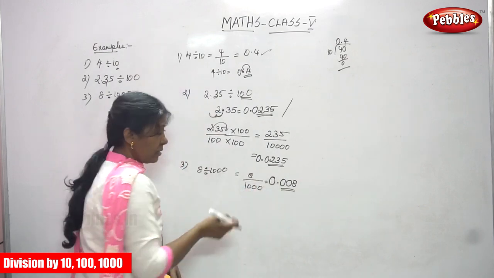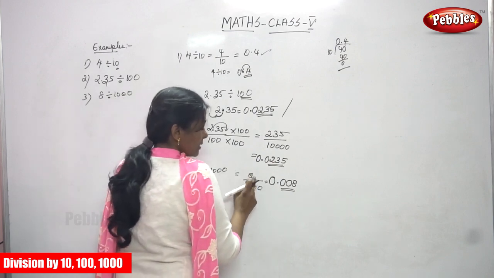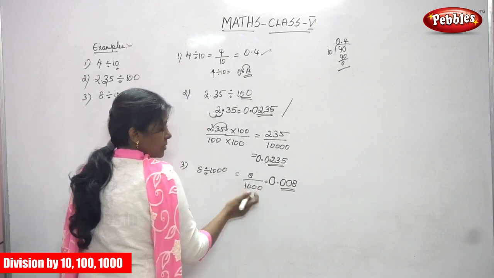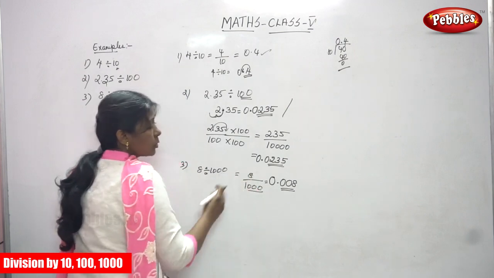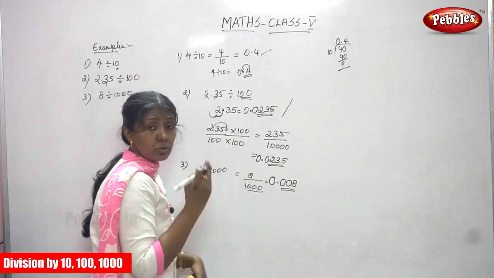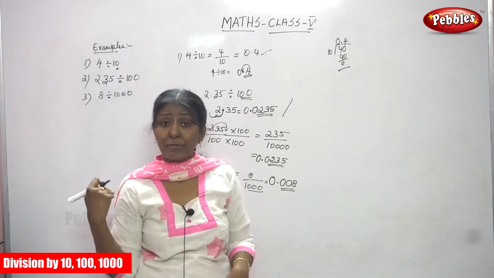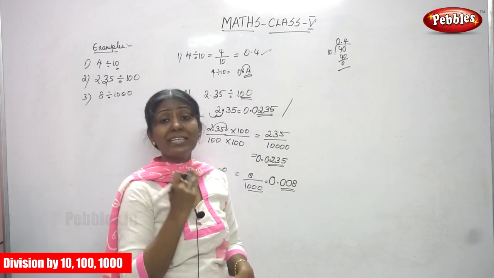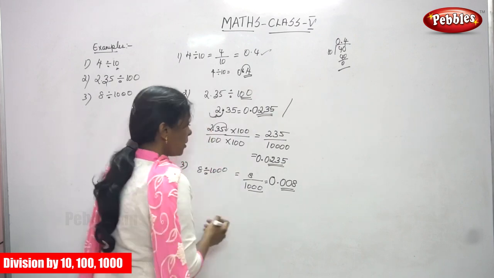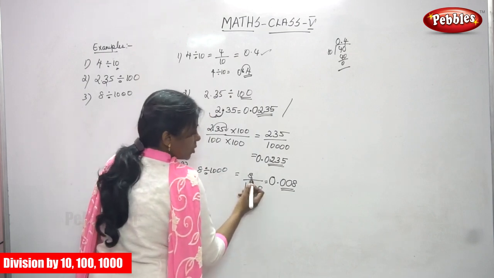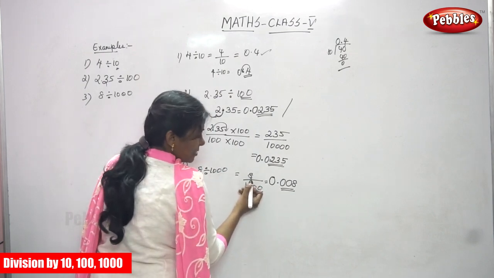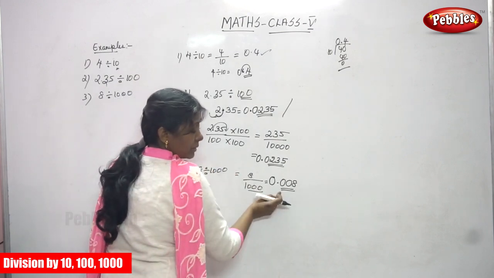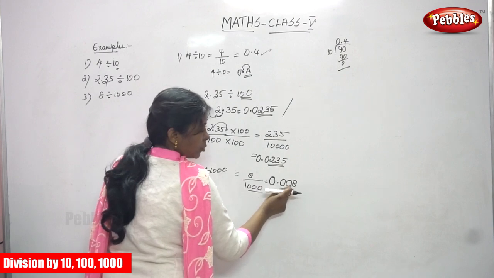I'll repeat once again. 8 is a single digit, and this is divided by 1000. In 1000, how many zeros are there? 3 zeros are here. So while you go for division, you have to move 3 decimal places to the left. That's the rule. 8 has only 1 digit; the remaining places don't have digits. So you move 3 decimal places to the left, meaning 1 digit, 2 digit, 3 digit.